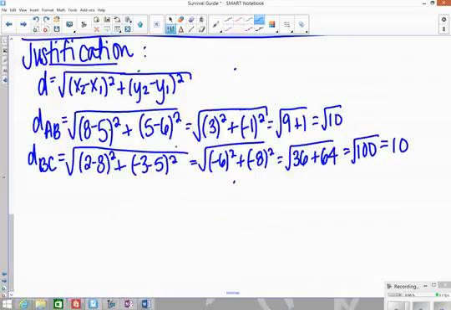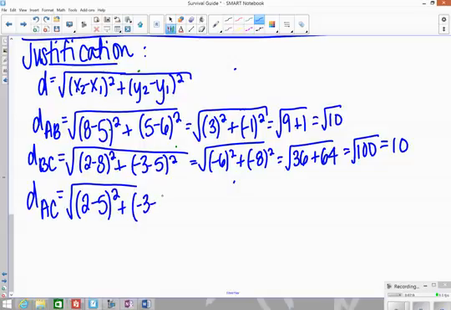And then the last distance formula, AC. So subtracting the x's from A and C, so it'll be 2 minus 5 squared plus negative 3 minus 6 squared. Combine the parentheses, so we get negative 3 squared plus negative 9 squared.